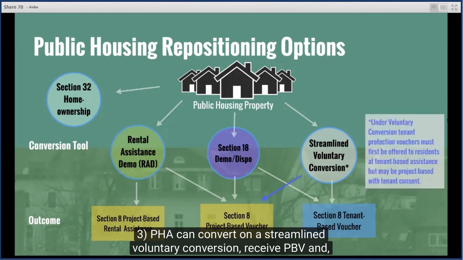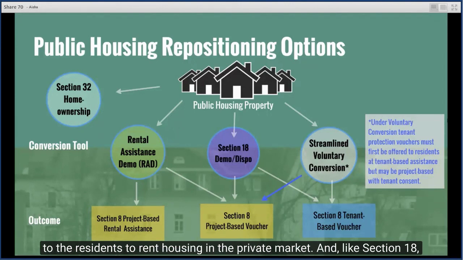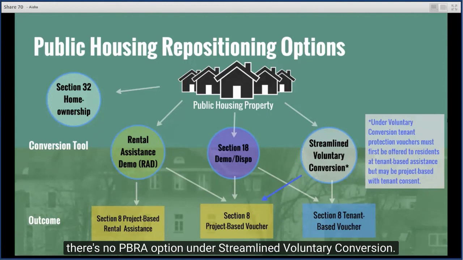Third, a PHA can convert under Streamlined Voluntary Conversion, receive TPVs, and then either project-base the TPVs, but with tenant consent, or issue the TPVs to the residents to rent housing in the private market. And like Section 18, there's no PBRA option under Streamlined Voluntary Conversion.